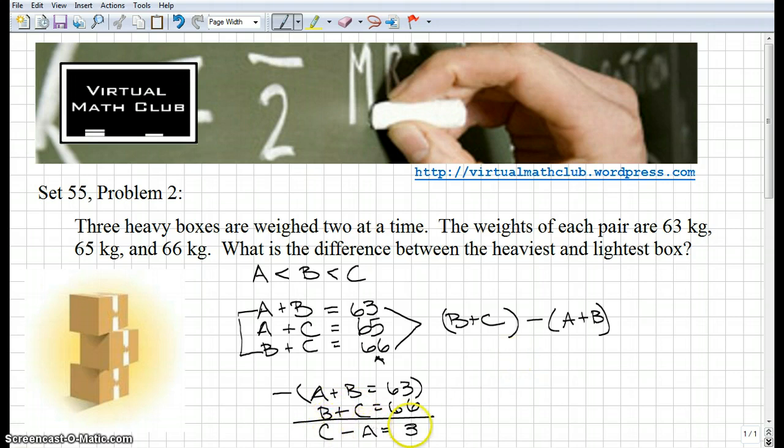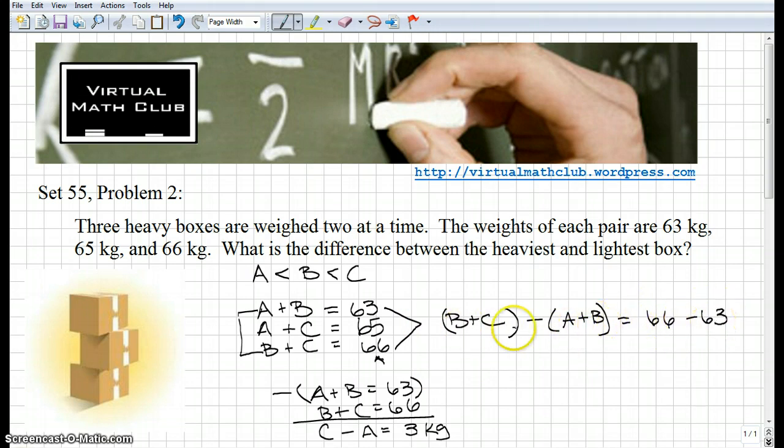So there you can see the answer right there, because C is the heaviest and A is the lightest, and so their difference is 3 kilograms. The way I was doing it here, I know that B plus C is 66, and I know that A plus B is 63.